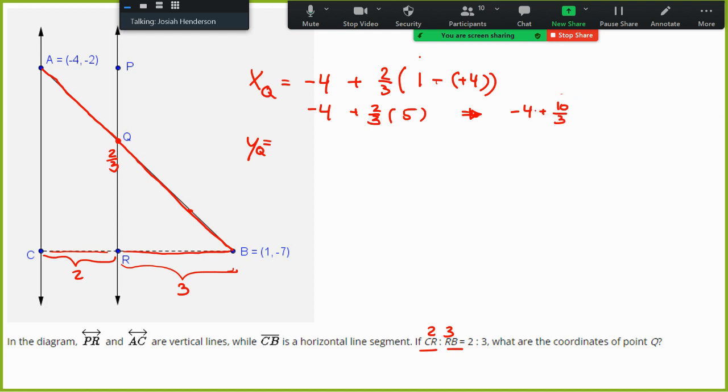And then if we need to add a -4 and 10/3, how do we add a whole number to a fraction? We have to have our whole number in the same units as the fraction, the same denominator. So to fix this, we multiply our -4 by 3/3. And then it's in a fraction form with a 3 at the bottom. So -12/3 plus 10/3.